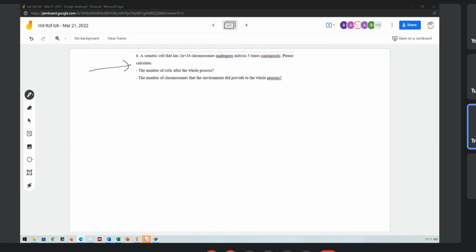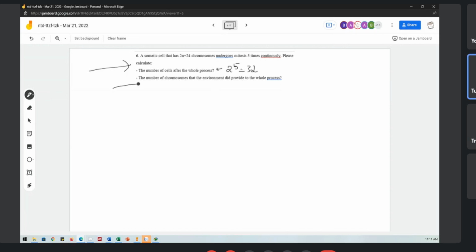For the first part, I think that after each mitosis, the parent cell will divide into two daughter cells each time. So after 5 times, it will have 2 to the power of 5 cells, equal to 32. Okay, good.